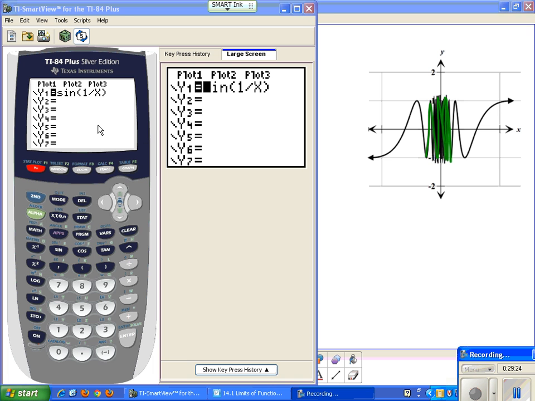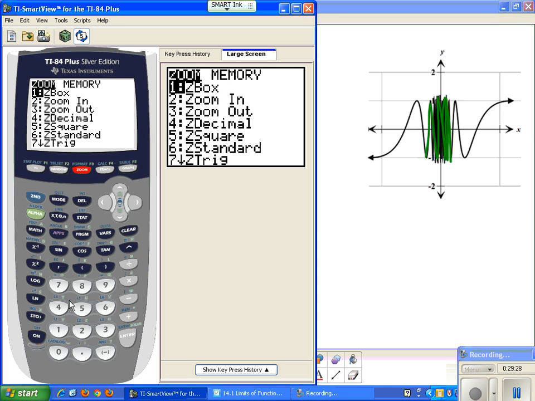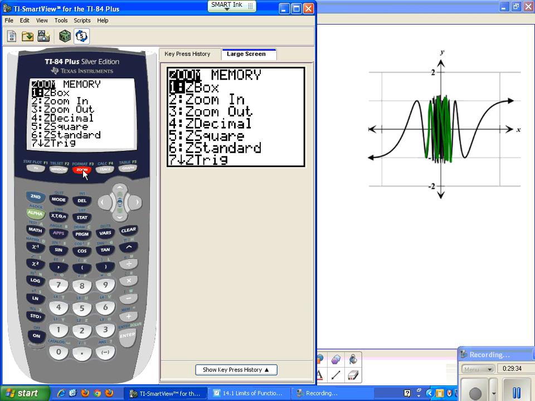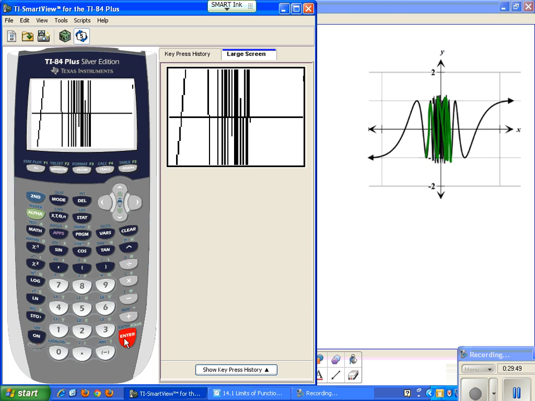If you graph sine of 1 over x, make sure you're in radian mode, hit zoom 7 for a nice trig graph. It's hard to tell what's going on there, so I would just zoom in. The more you keep zooming in, if I hit enter again, it's going to zoom in again. These values are just going back and forth and back and forth.